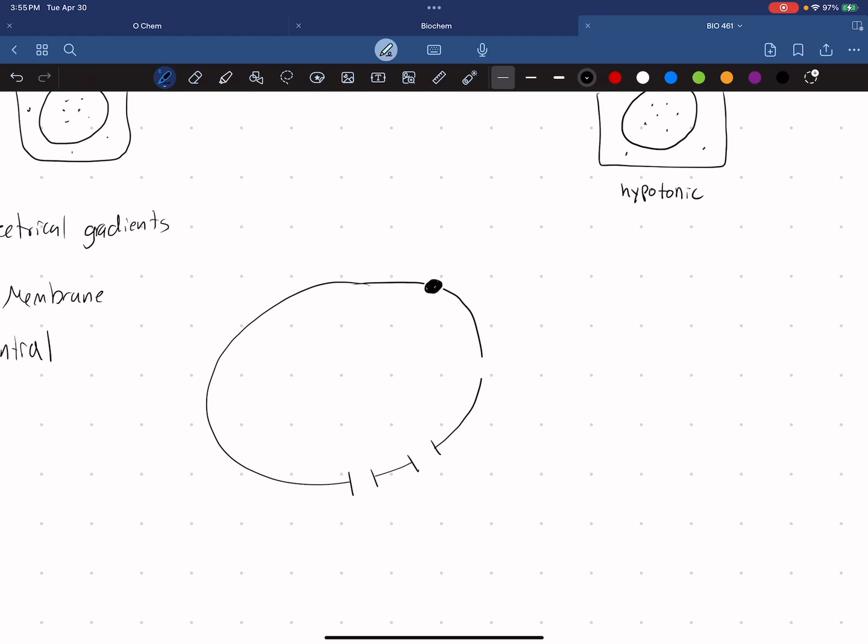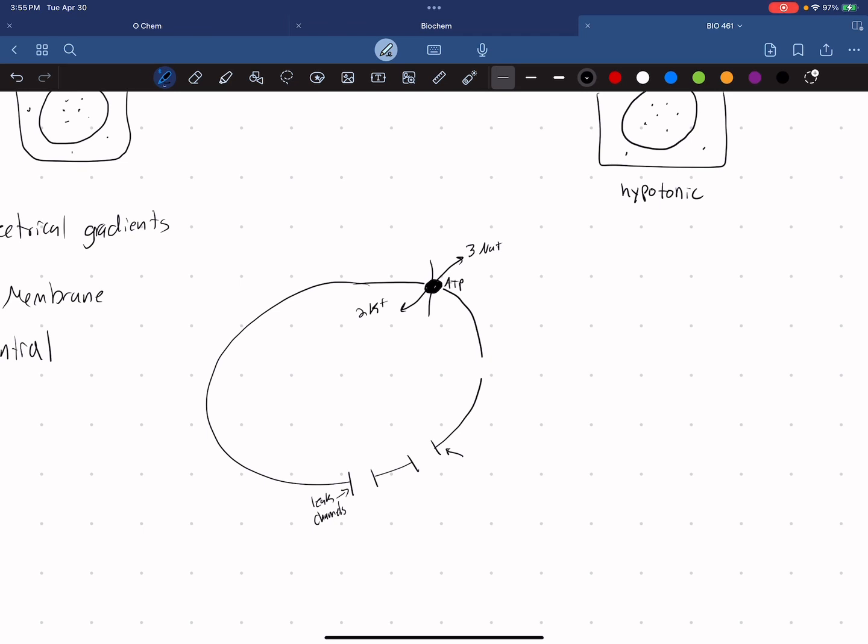So first we have the sodium potassium ATPase pump here that brings out 3 sodiums outside of the cell and 2 potassium ions into the cell. And here we will also have the leak channels for potassium here and here.